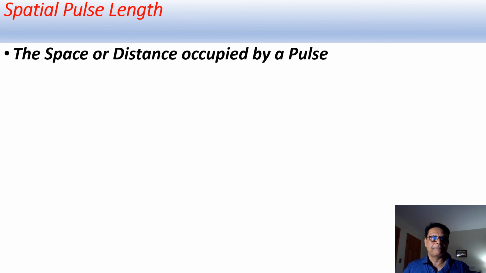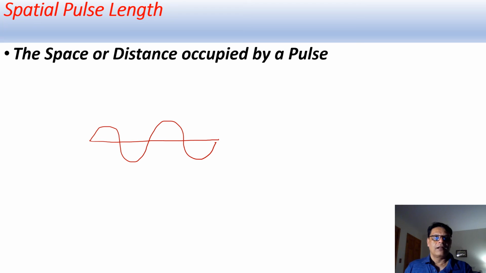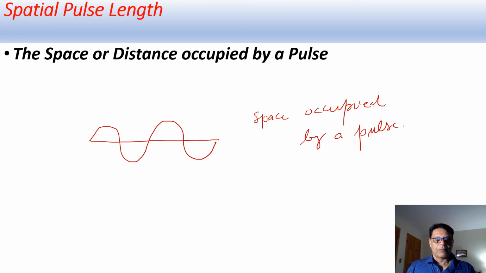Spatial pulse length. It is somewhat similar to wavelength; spatial comes from space. So the distance or the space occupied by a pulse is called spatial pulse length.